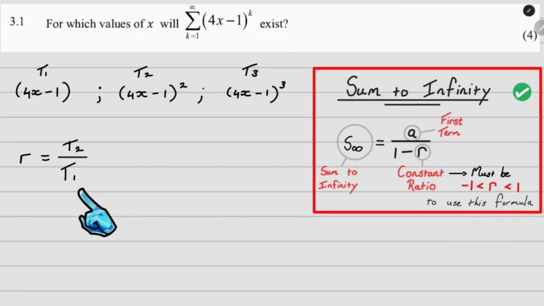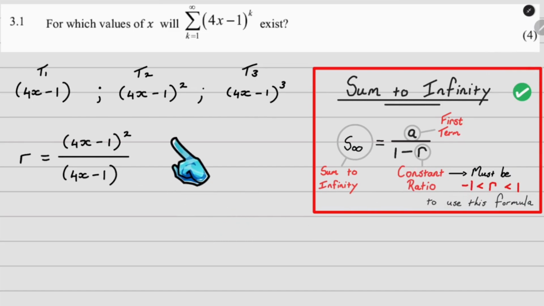Our ratio is obtained by saying term 2 over term 1. So I'm going to replace term 2 with this thing, and I'm going to replace term 1 with this thing. And now I've got to simplify that. To simplify that I can use exponent laws. This bracket at the bottom has an exponent of 1, and 2 minus 1 will just give me 1, so it's this bracket to the power of 1.